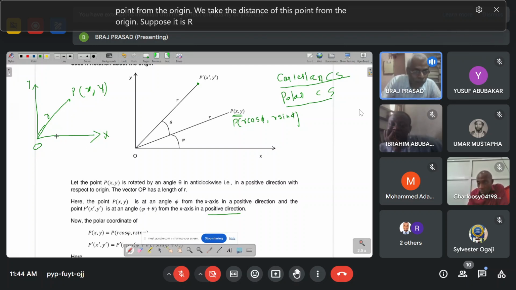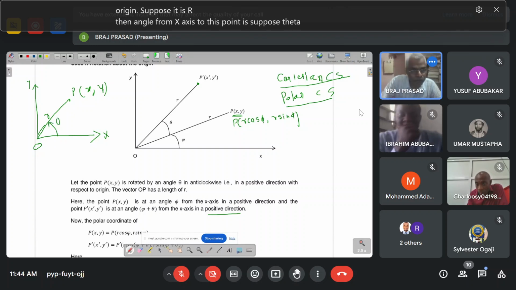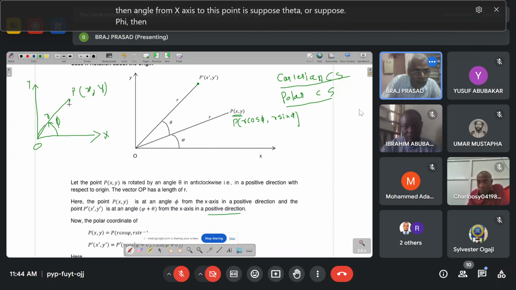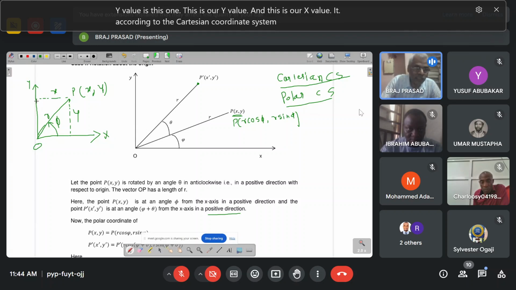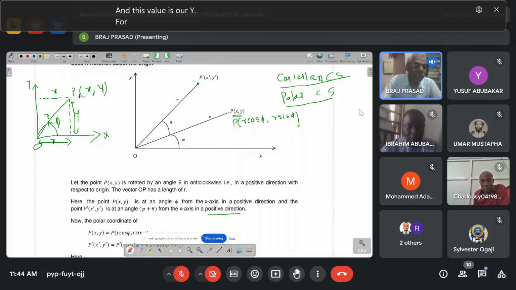Then the angle from the x-axis to this point is suppose theta, or suppose phi. Then this is our y value and this is our x value according to the Cartesian coordinate system. It means this value is our x and this value is our y for this point P xy.